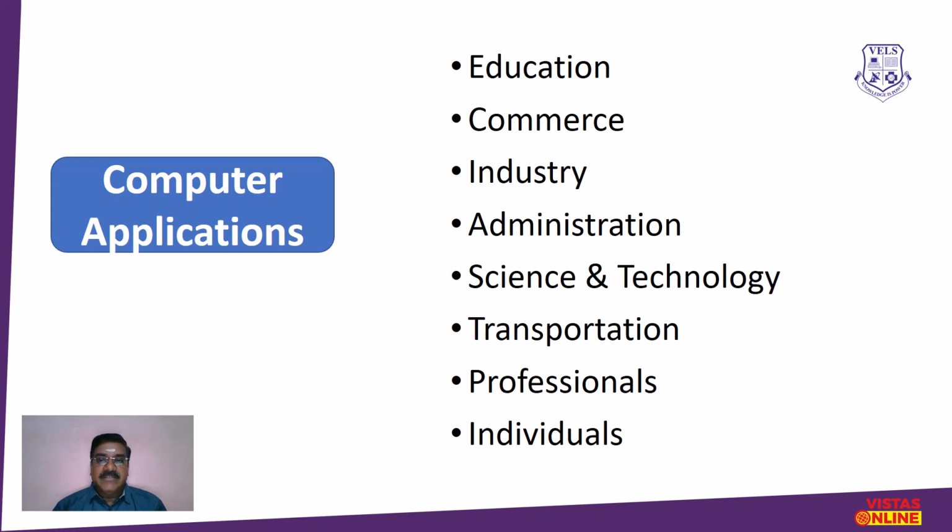In science and technology, they are used for some of the classes, and information is gathered from the computers. Commerce means commercially oriented places. They use computers for billing purposes and to store all the information. In industries, it can be executed on networked systems.